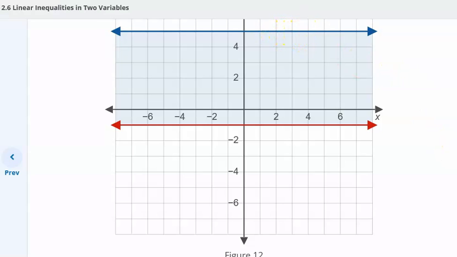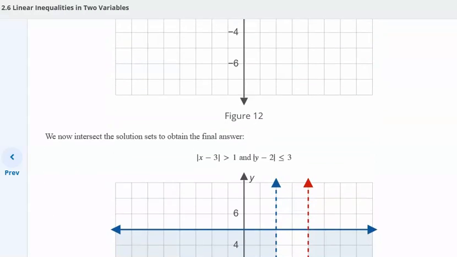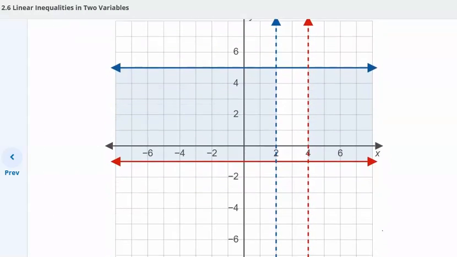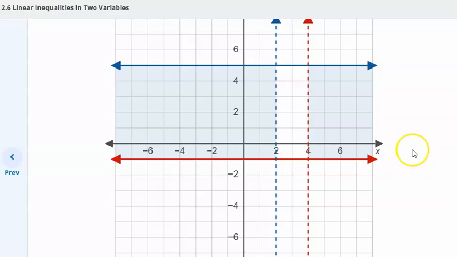Okay, now what you do is you bring both of these together, and then this is the final answer. So the intersection of all of these is the result that we see here, where things overlap.